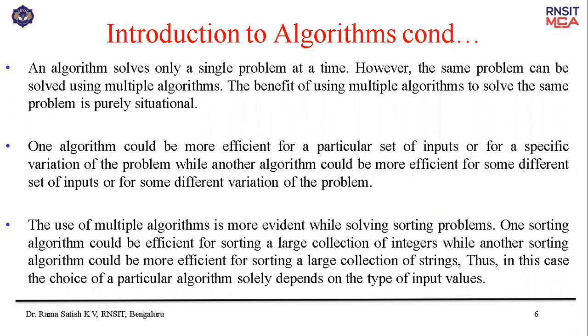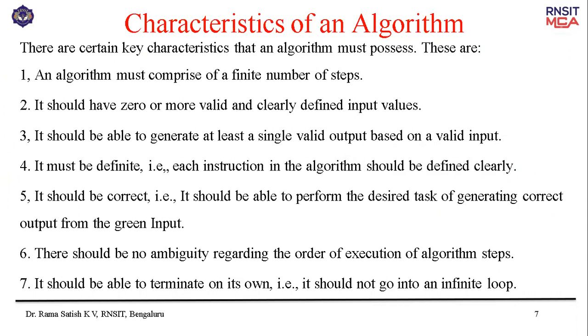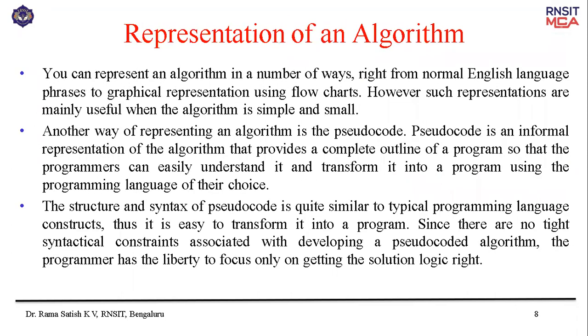We discussed that an algorithm solves the problem one at a time. Of course, there are multiple algorithms solving the same problem, so then you have to choose which one is better. And these are the 7 characteristics of an algorithm, which yesterday we understood.